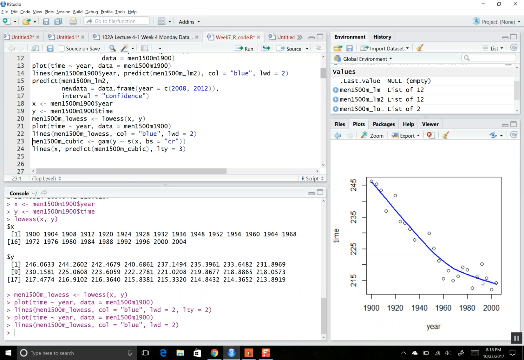So this would be our Lois fit. And with Lois, we would have a hard time extrapolating, because all we can do is make predictions for where we do have actual data points.